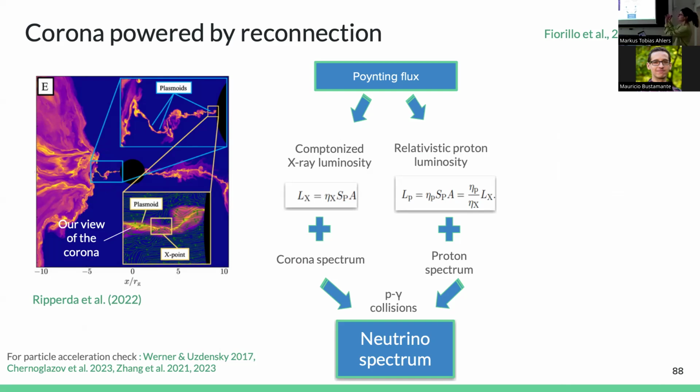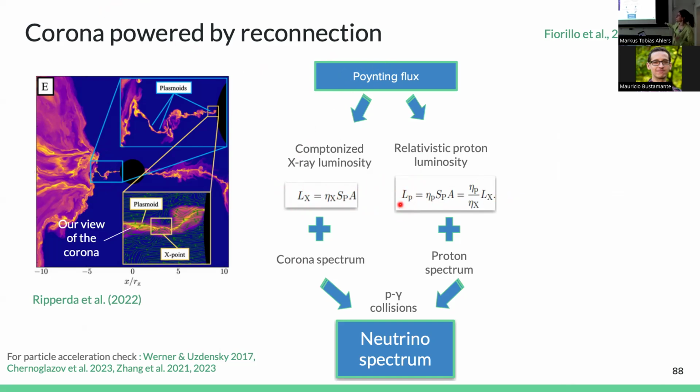So the basic ingredients of our model are rather simple. The main source of energy in our system is electromagnetic in nature. So we have conversion of electromagnetic energy into X-ray photons and relativistic protons. So both X-ray luminosity and proton luminosity, which are the two key parameters, are related to each other.